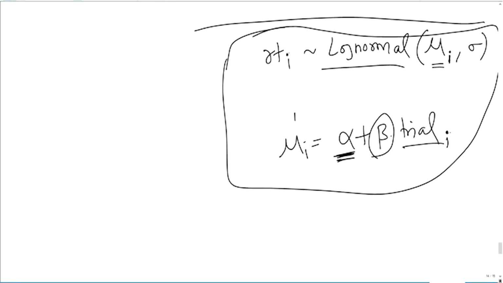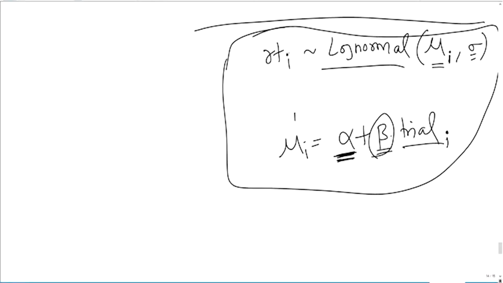Now, how many parameters do you have? One parameter is of course sigma, another is alpha, another is beta. Alpha is the median recognition time at trial 0. Beta is the extent to which the median recognition time changes with trial ID. Beta could be 0 as well, it doesn't matter.